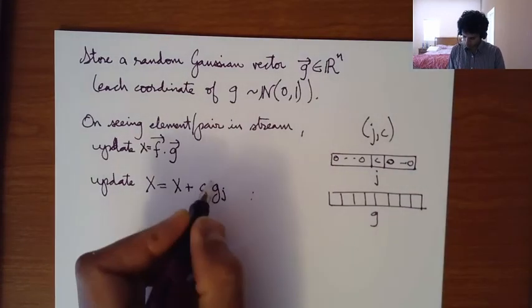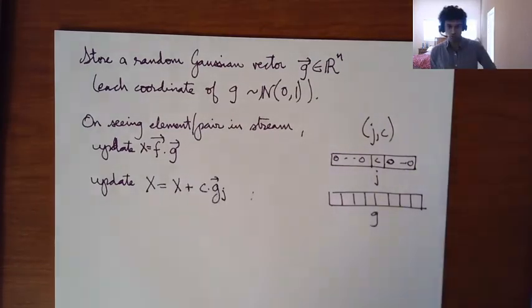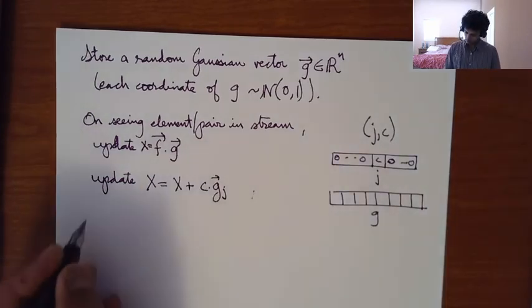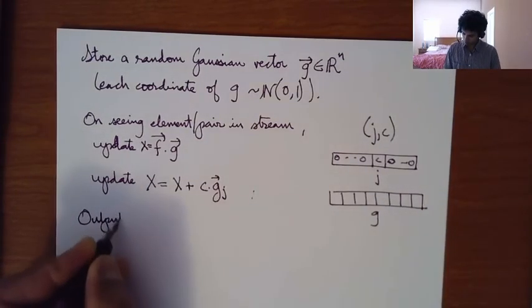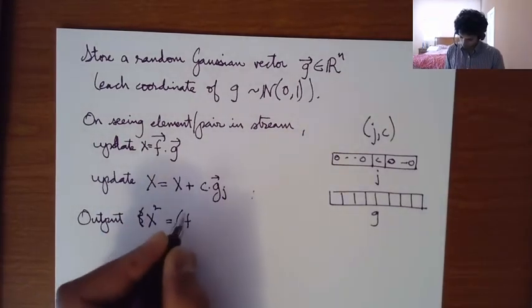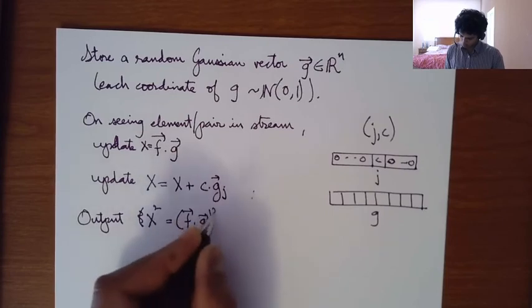For that Gaussian, you look at the jth coordinate and just add that. This is the update. The output is simply x squared, which is just the dot product squared.